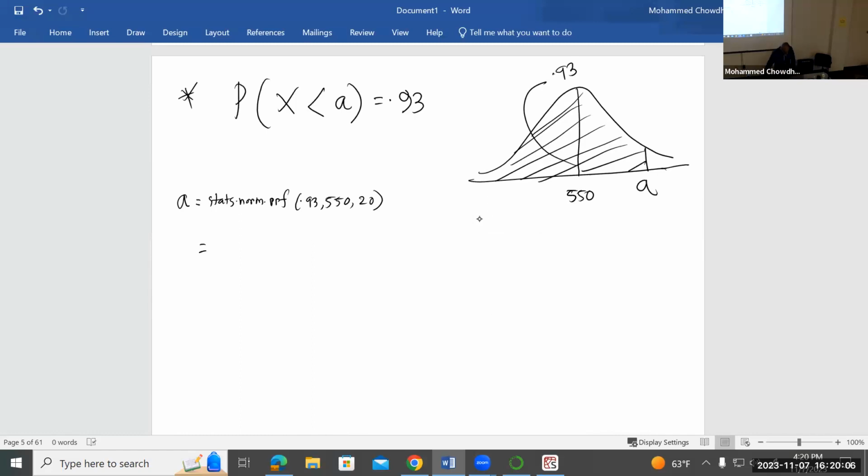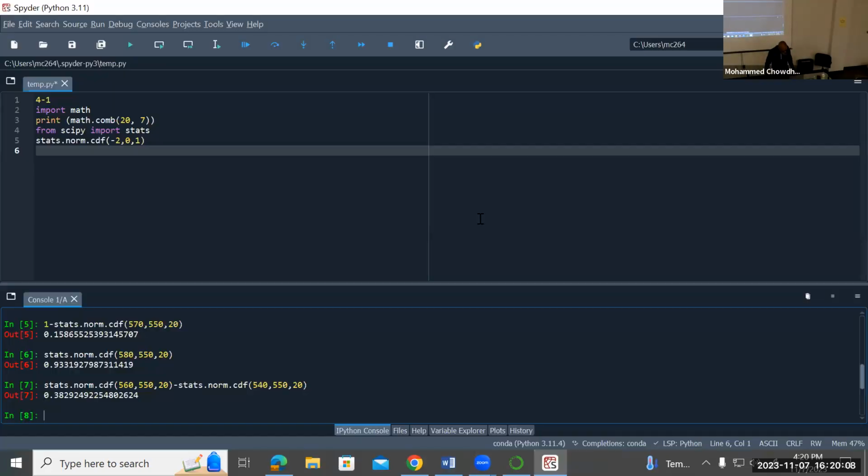So come in here. This is equal to 0.93, mean equal to 550, standard deviation equal to 20, and the rest of the things as they are. We get 579.51.